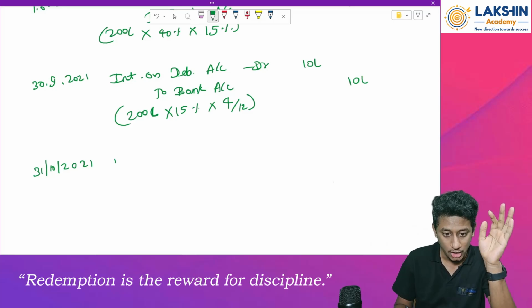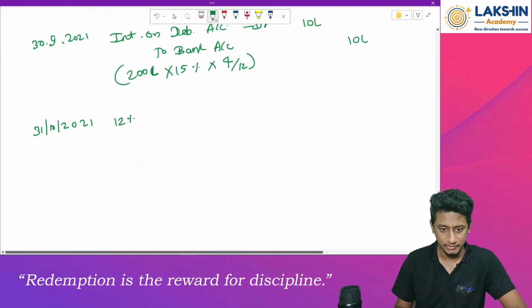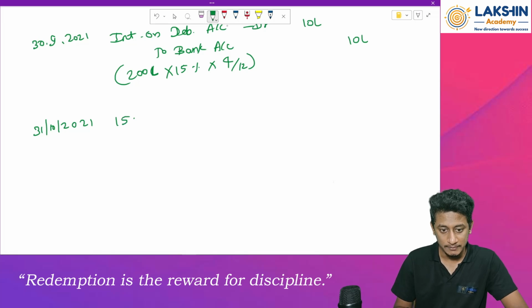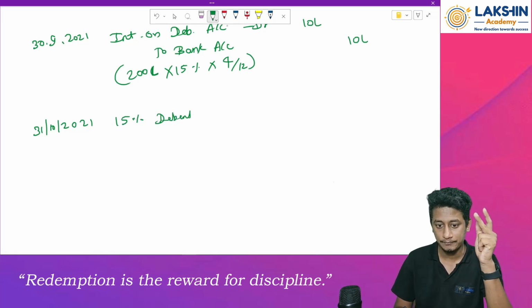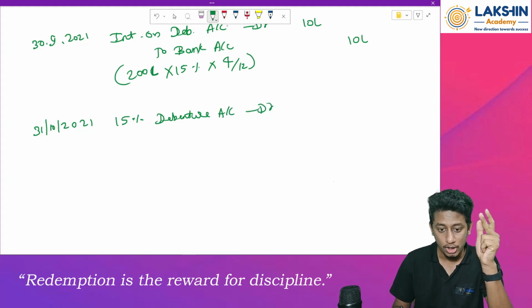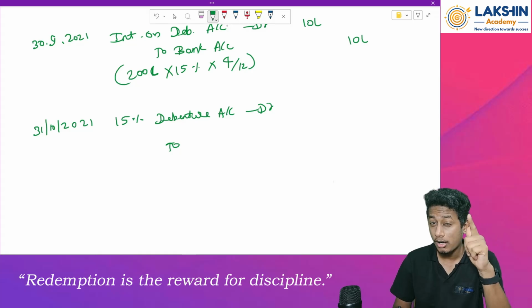Whatever 15% debentures we had will be reversed now. Debenture account debited to share capital.